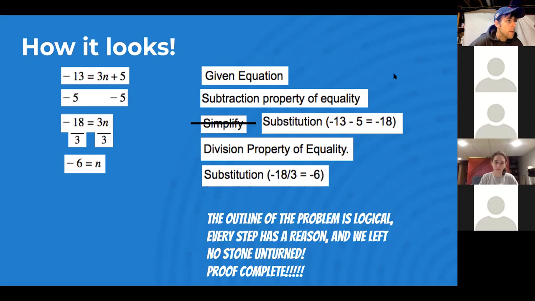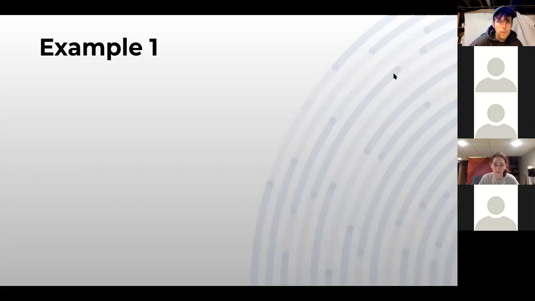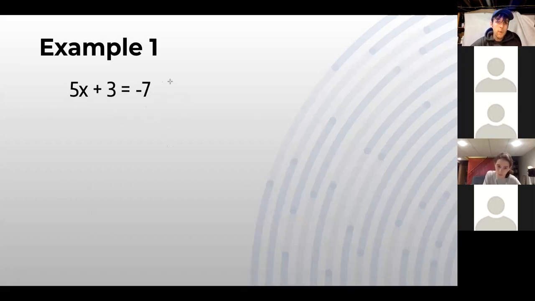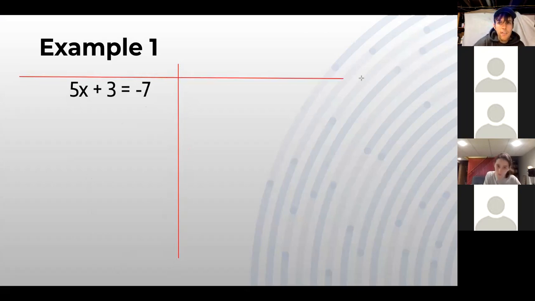All right, I'm gonna go ahead and go from there. So here's an example. Let's do this one right here, and I'm gonna go through it. I'm just gonna kind of show what I would do for this one. A common way that we will do proofs is what's called a 2-column proof. So we'll have all of our work and steps on the left side, and on the right side, we'll have kind of all of our reasons or justifications.